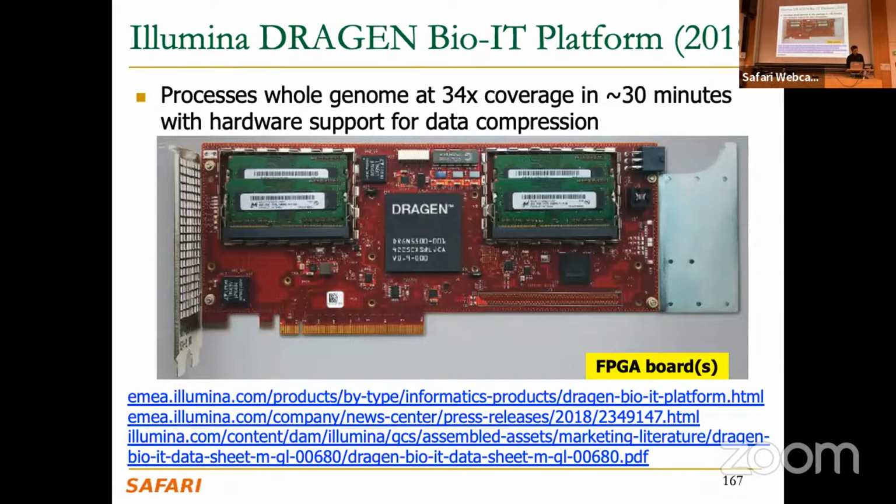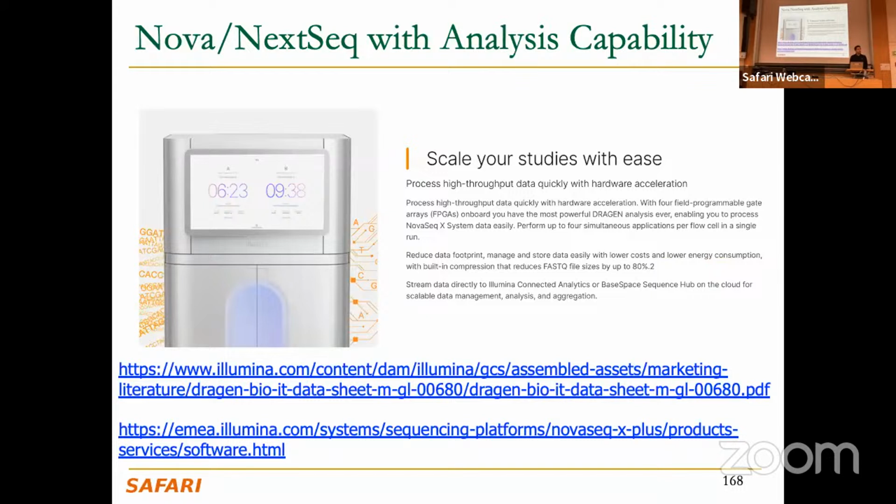For example, Illumina, one of the sequencing companies, which produces one of the solutions based on sequencing by synthesis technology and is commonly a market leader in the field, now integrates FPGA solutions inside their sequencers, so that you do your analysis while the sequencing is happening. This is essentially hardware acceleration inside the sequencer.